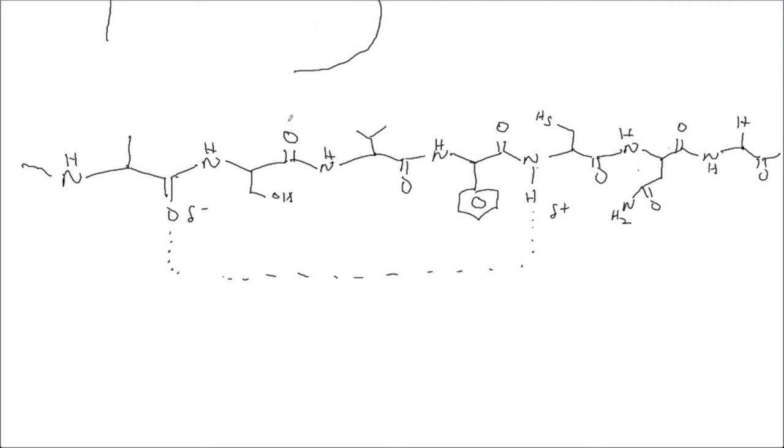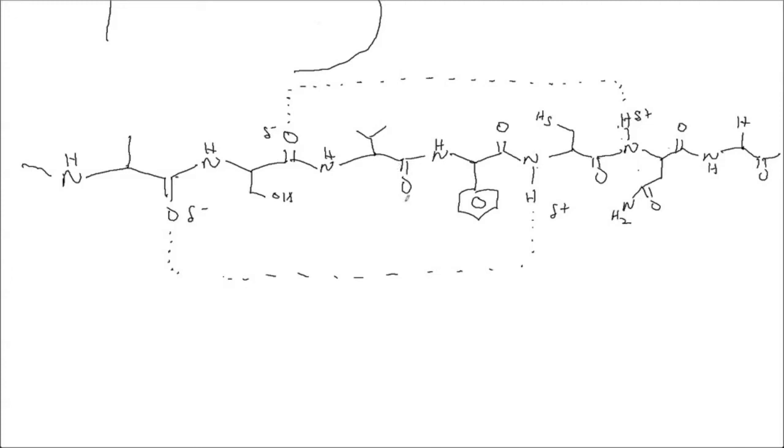And then this oxygen would form a hydrogen bond with this nitrogen, 1, 2, 3, 4 amino acids away. They look like they're too far away to hydrogen bond, but in the alpha helix, they'll coil close to each other.